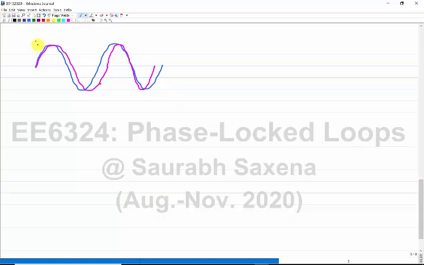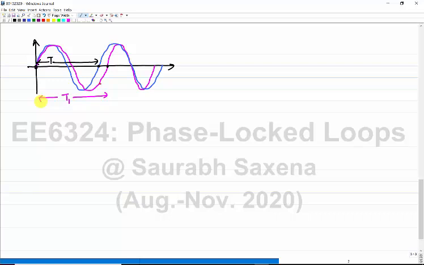Both of them start at 0, but they cross the next 0 at a different time. This is my ideal time period t, and the first real clock time period t1 is different from the ideal clock.